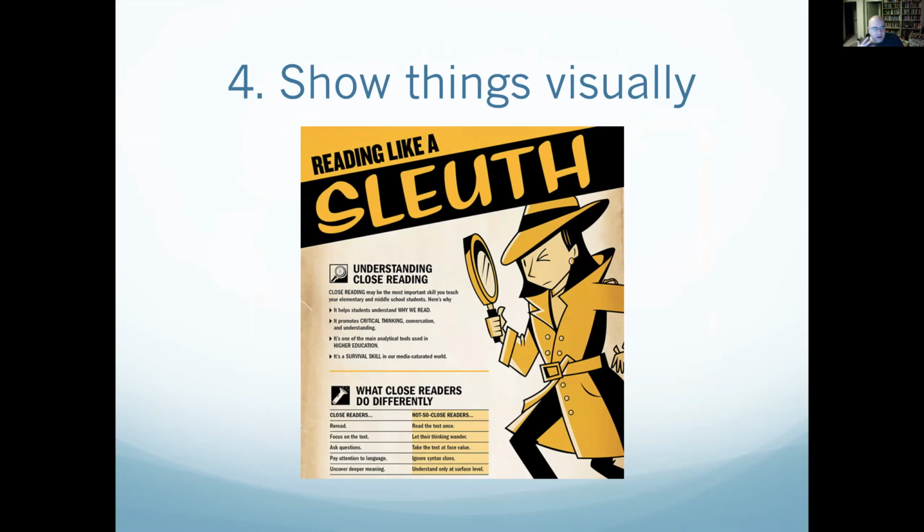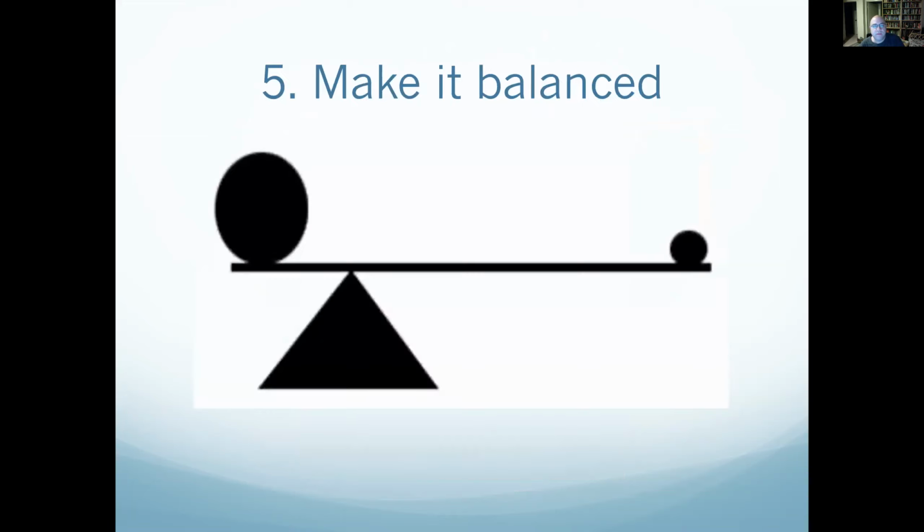How can you take the facts that you want to present and develop visual ideas that help you communicate that? So the people who created this wanted to say, hey, we're going to teach a course on reading. So they came up with making the connection with the idea of the sleuth who has the magnifying glass.